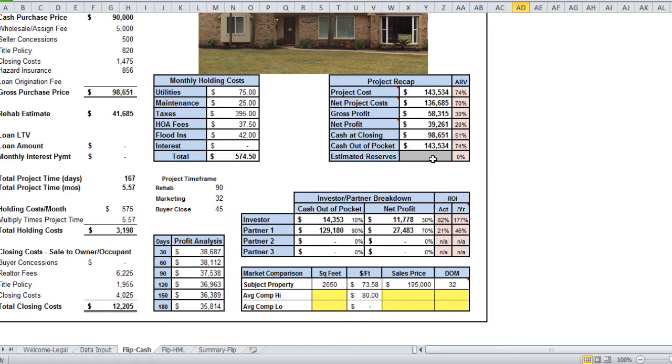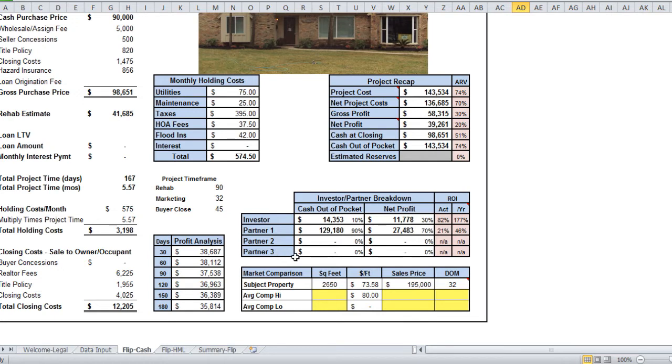Our last section, and probably the most important, and the one that we're most interested in, is a breakdown of what it's going to take to do the deal and how much money we're going to make. So here we have our investor partner breakdown. You notice, if you recall, that we have investor, which is ourselves, and partner one. We didn't have any second or third partner in this.